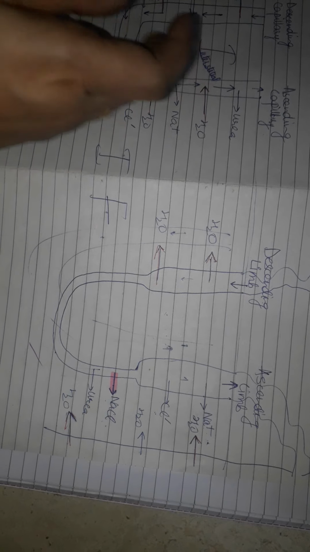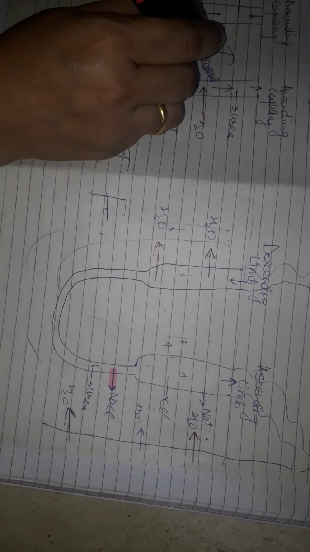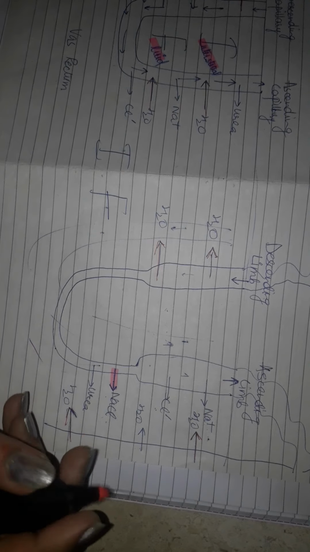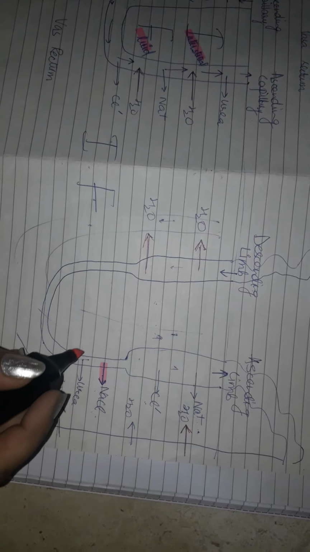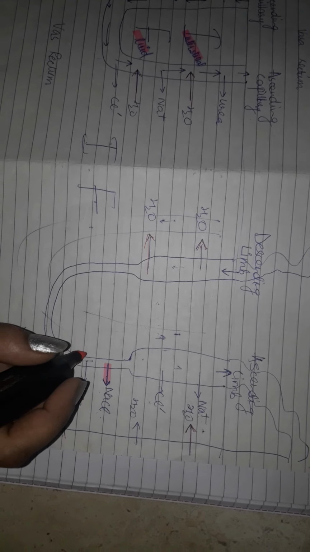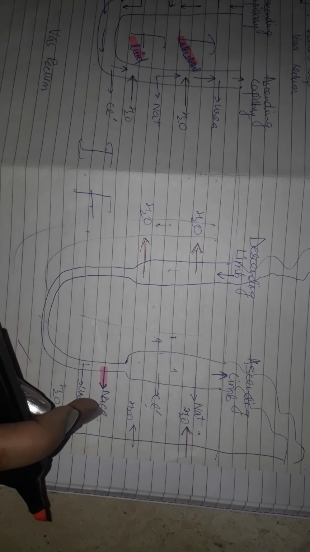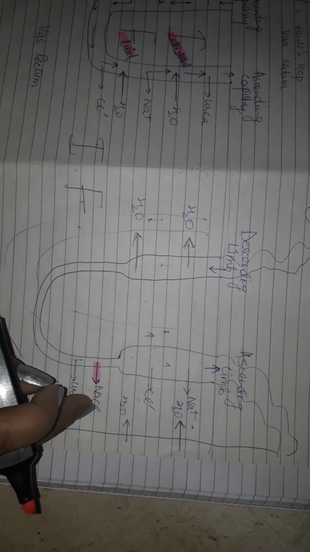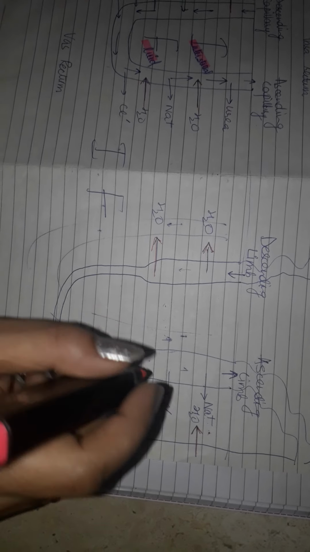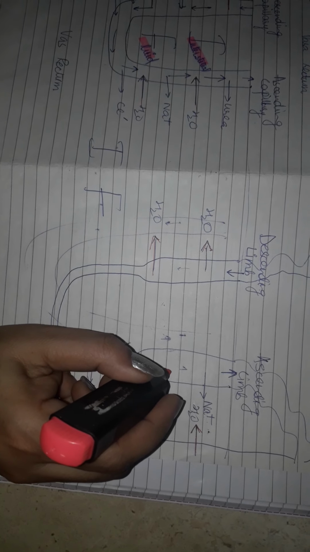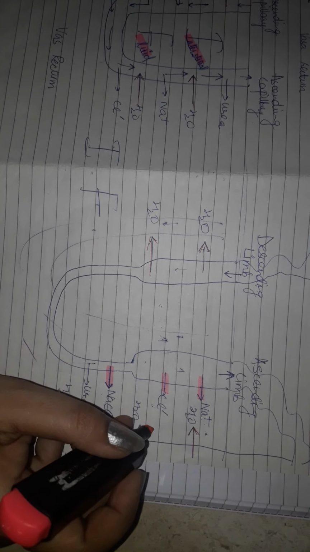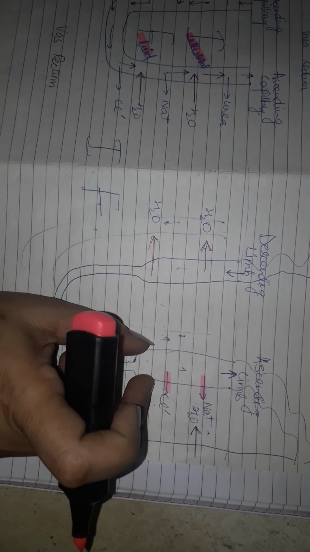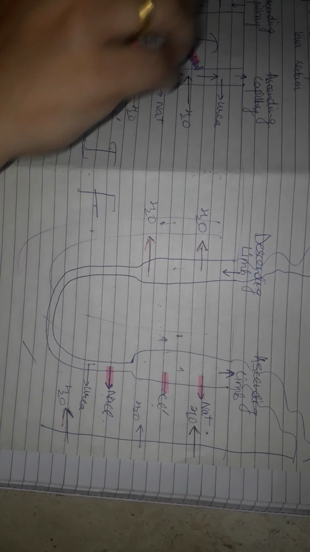Whatever space is present in between these tube-like structures, this whole space is called interstitial fluid. As the fluid passes in the narrower region of ascending limb of loop of Henle, it loses sodium chloride to the interstitial fluid by the process of diffusion, and it loses sodium ions and chloride ions into the interstitial fluid from the wider region of the ascending limb.